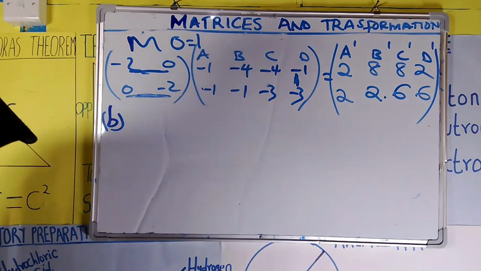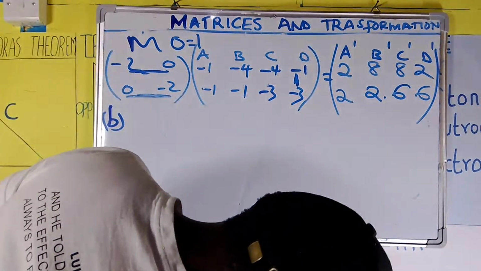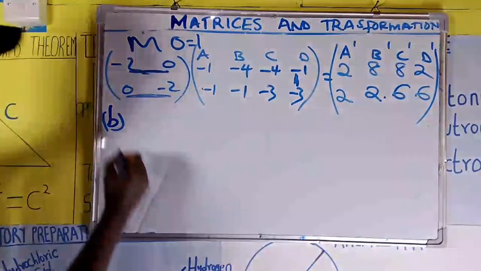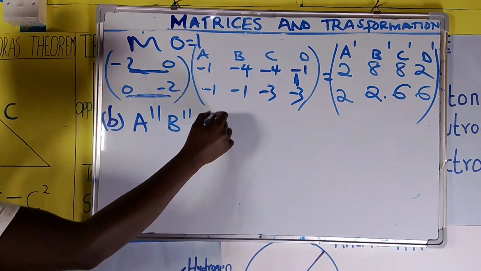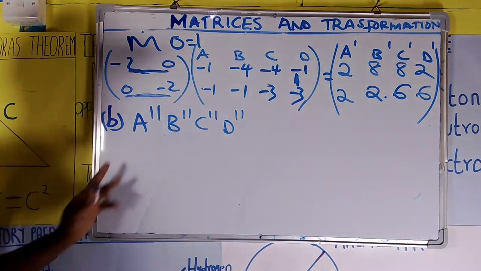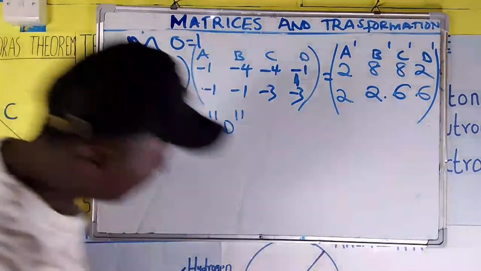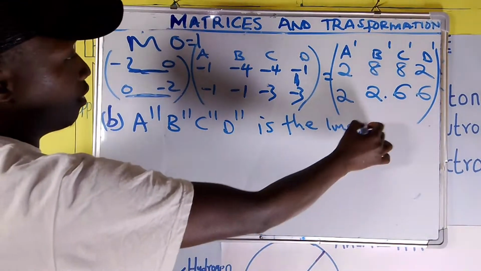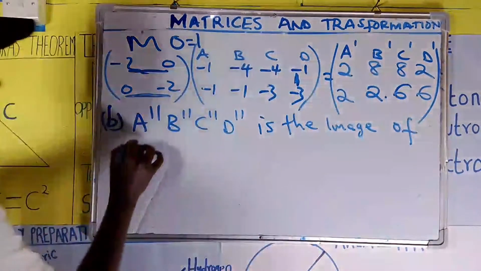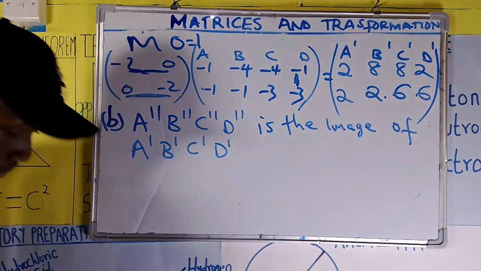Part B of the question inasema hivi: A prime, A double prime, B double prime, C double prime, D double prime. This is now the second image. Is the image of A prime, B prime, C prime, D prime.